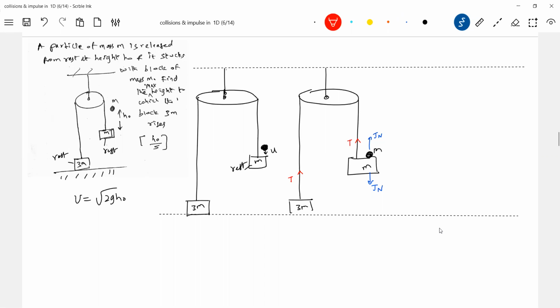Tension acts away from the body, then put J over it. What can be the motion? When an impulse acts on a body, it will acquire a velocity. Why should the velocity V be the same? They're connected by a common string, and the string is inextensible.